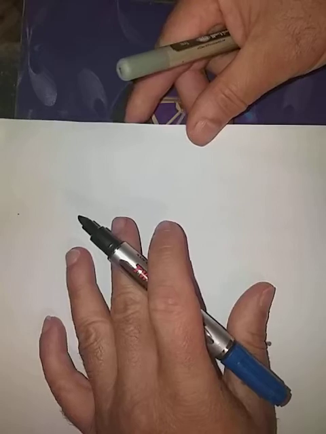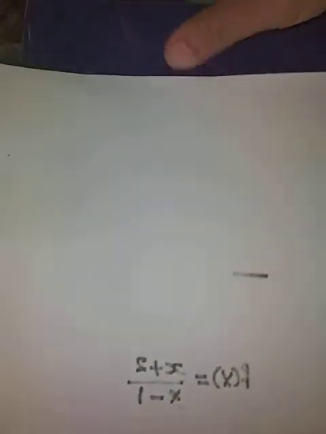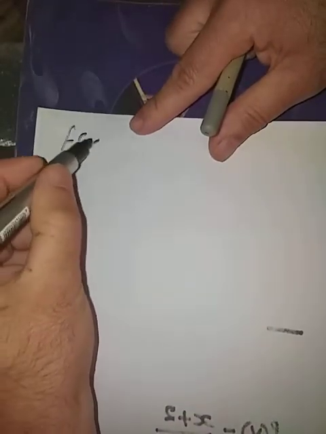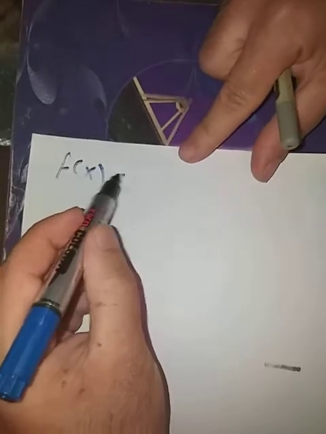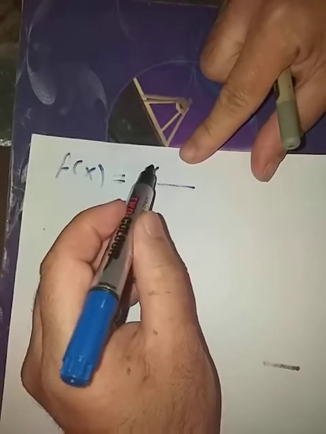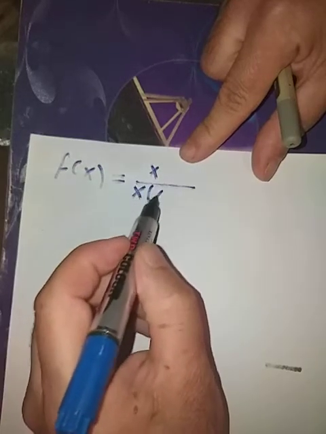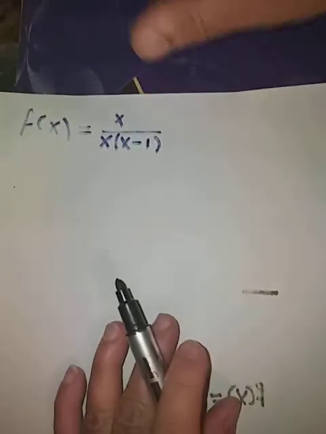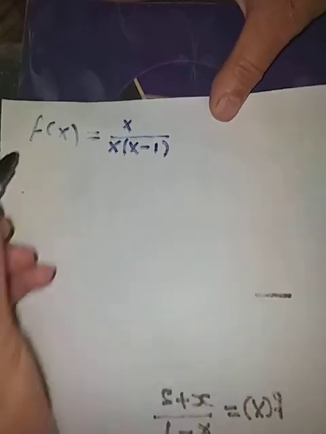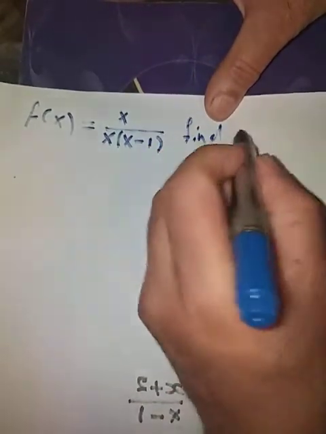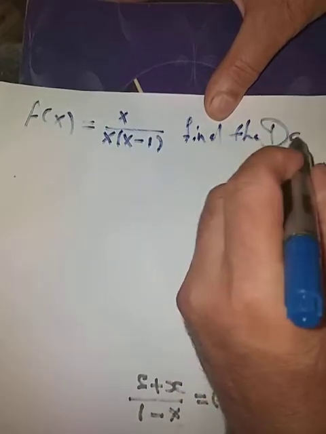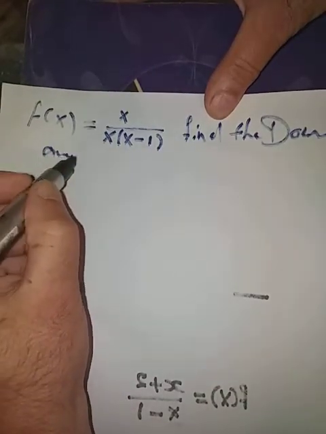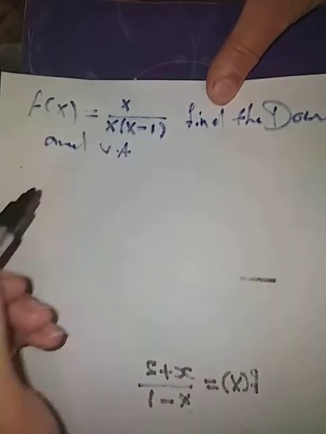Another example. If you have f of x equal to x over x times x minus 1, this is the function we have. Find the domain and vertical asymptote.